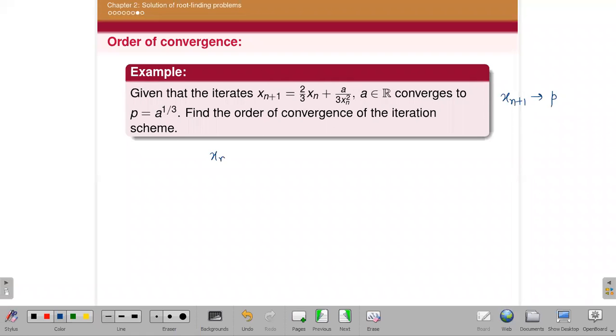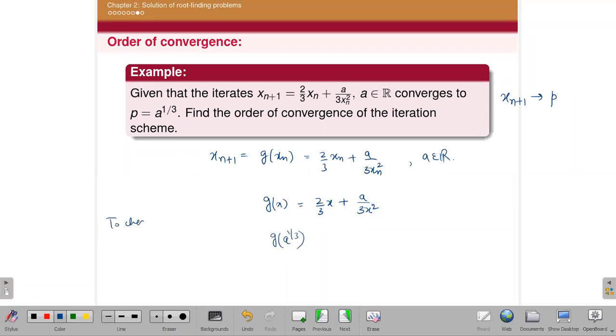So this is like x n plus 1 is equal to g of x n, which is equal to 2 by 3 x n plus a by 3 x n square, where a is any real number. So what is g of x here? It is 2 by 3 x plus a by 3 x square. First I check whether this p, a raised to the power 1 by 3, is a fixed point for this function or not.